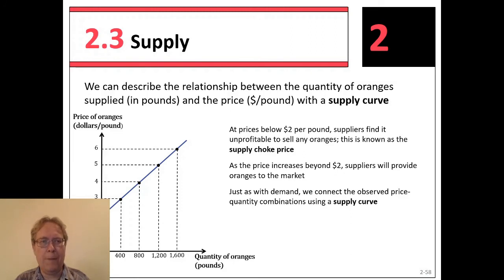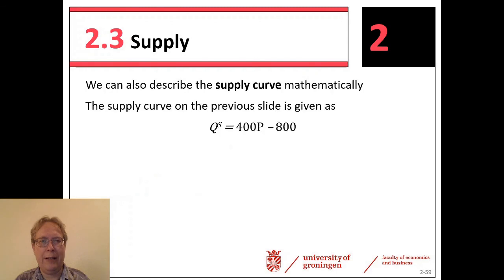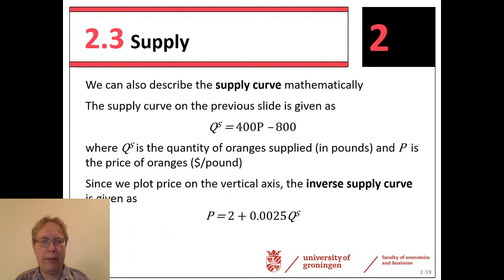So if you want to have this representation that we have here, then actually you have the inverse supply curve, and just rewriting the one on top there gives us the one down here. So that's the supply curve, and that's the inverse supply curve. Supply Q as a function of P, inverse supply P as a function of Q.